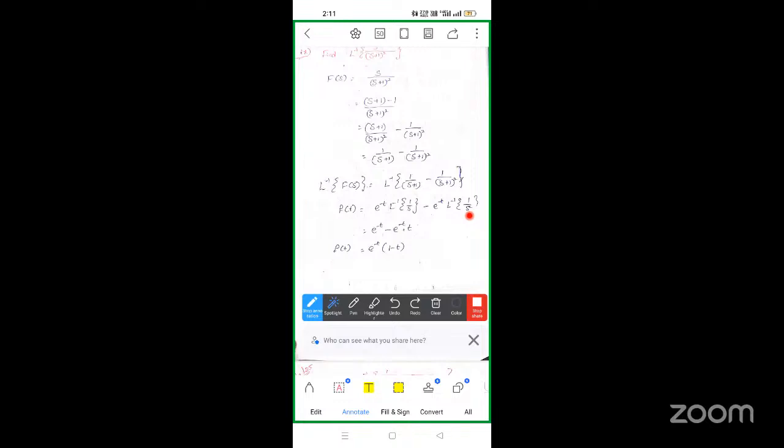So L inverse of 1 by s square is nothing but t power 1 by 1 factorial. So that is t into e power minus t. So f of t is equal to e power minus t common, 1 minus t. So this is the inverse Laplace transform of s by s plus 1 whole square.